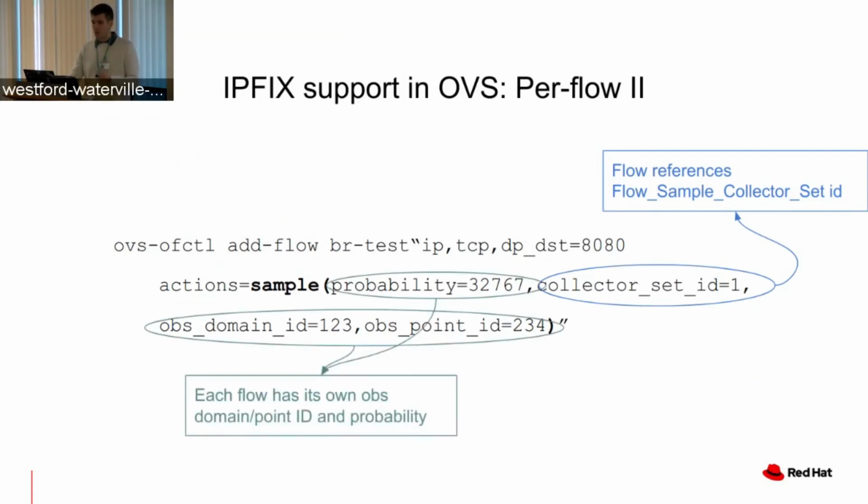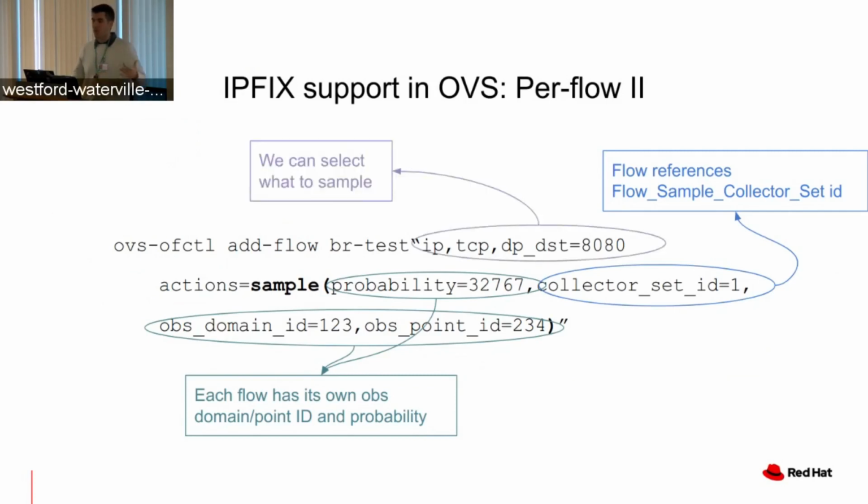However, what we do have here is that each flow has its own observation domain and observation point IDs, and probability and sampling rate. And of course, it is OpenFlow, so we can specify an exact match of the packet that we want to sample.